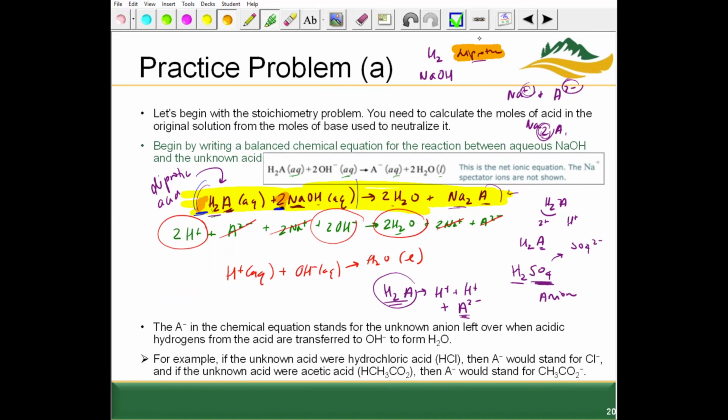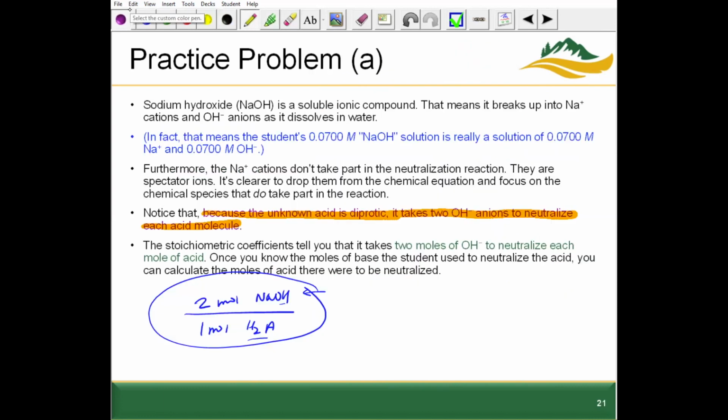If it were a monoprotic acid, for example, like HCl and NaOH go on to form water and a salt of Na and Cl. This is already balanced because Na, Cl, 2 H's and 1 O. So this is a monoprotic acid, HCl is. It's monoprotic because it can dissociate into just one of these hydrogen cations.